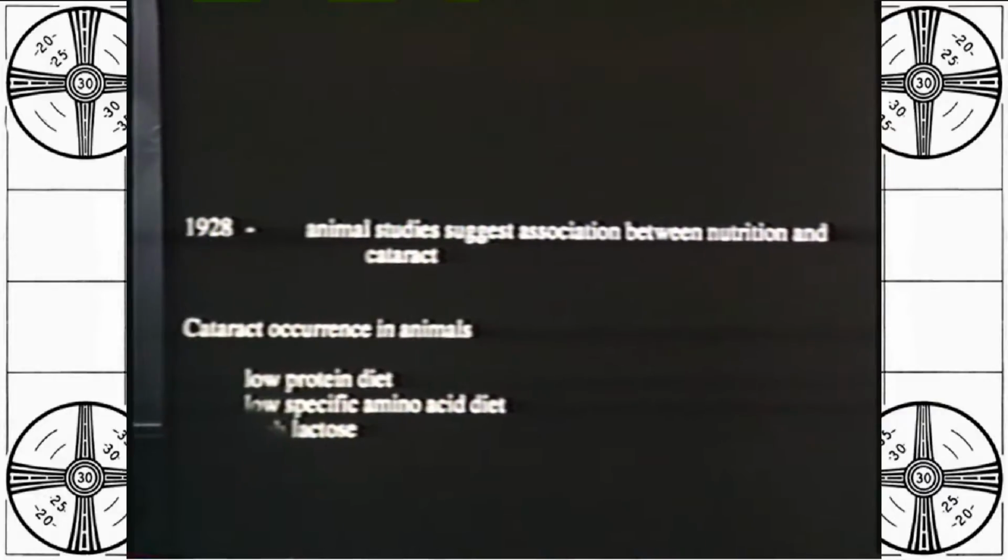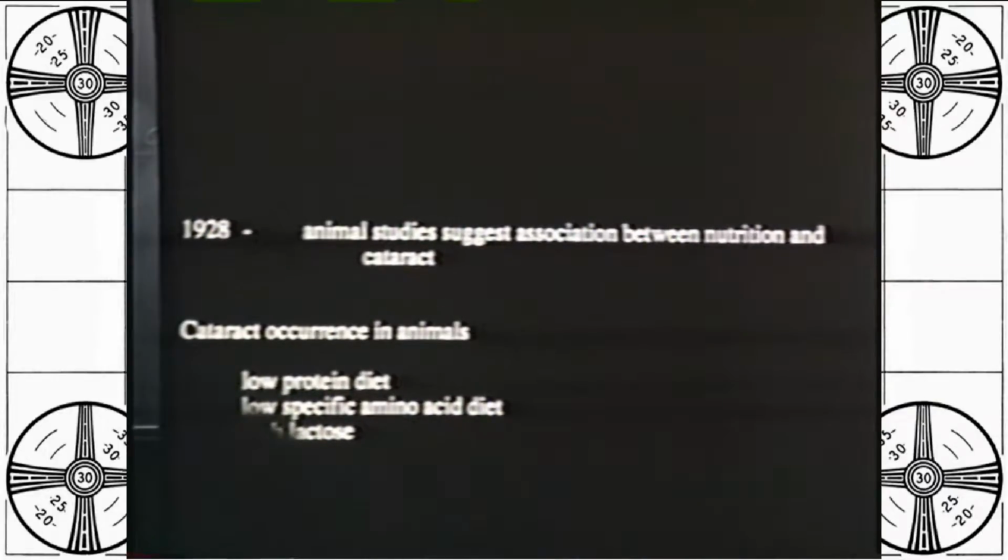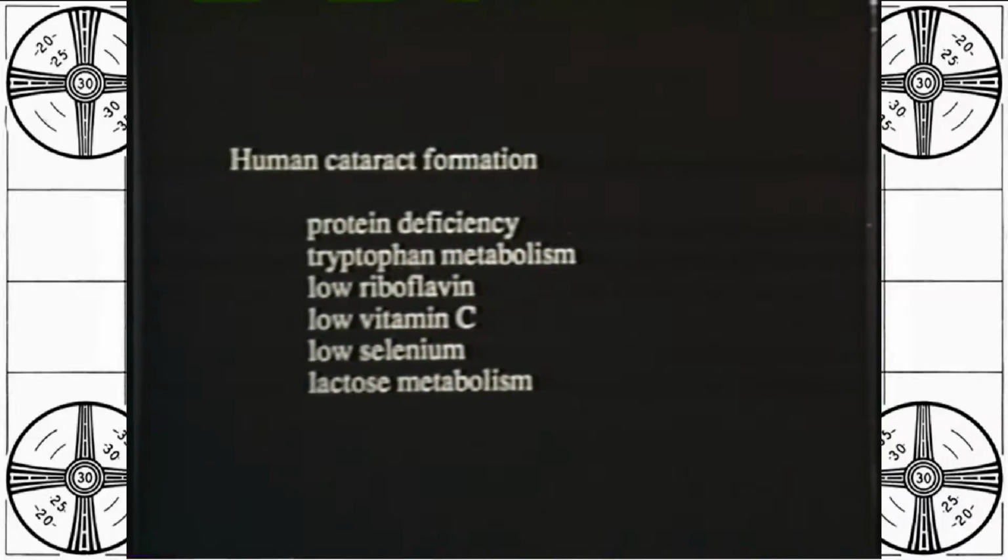As far back as 1928, some animal studies suggested an association between nutrition and cataract. They associated cataract in animals with a low protein diet, low specific amino acids, and high lactose. And subsequently in some human studies, they noticed protein deficiency, tryptophan metabolism, riboflavin, vitamin C, selenium, and lactose metabolism had to do with cataract formation.